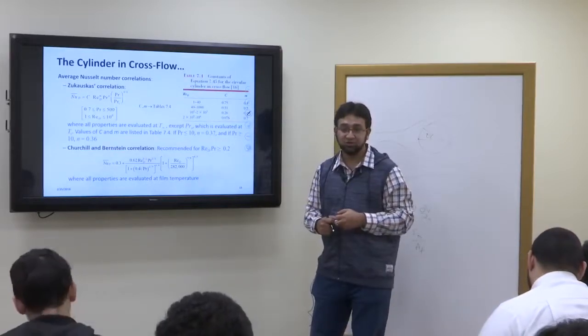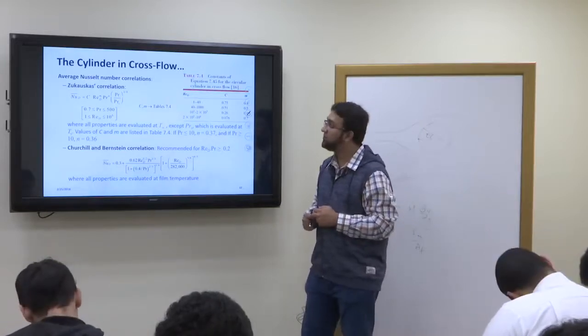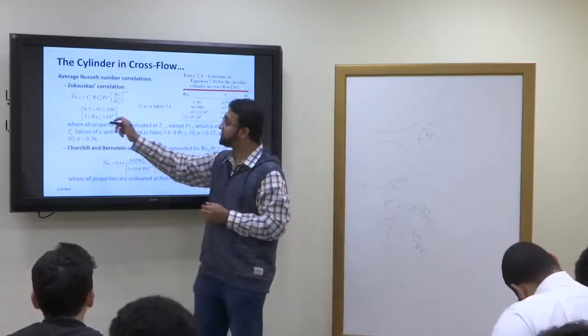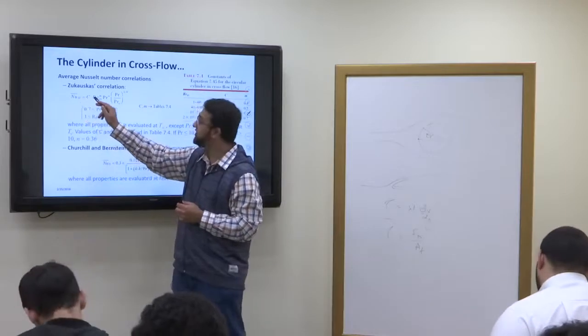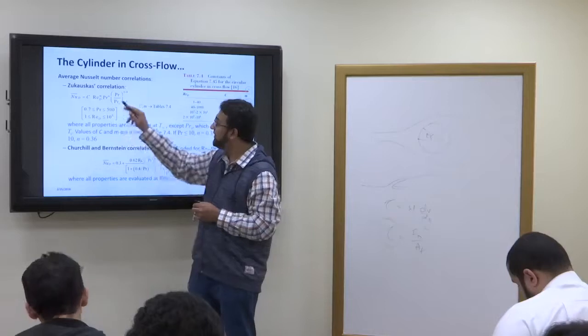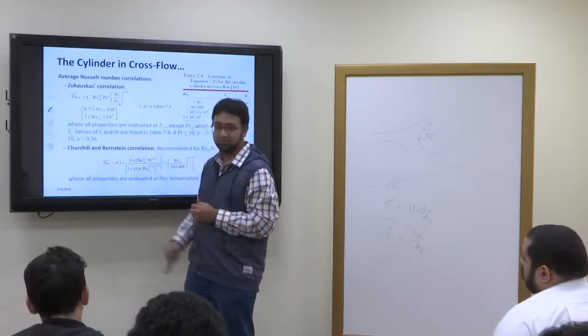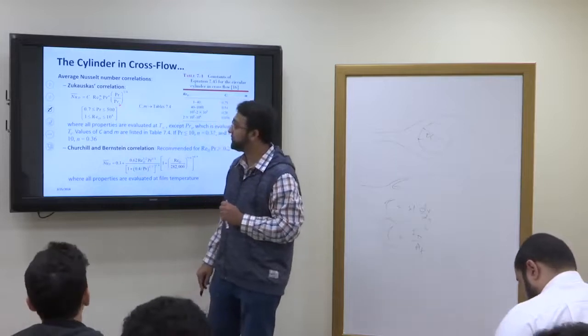Zukauskas correlation. Now Zukauskas correlation is basically of this format: Nusselt number is equal to C Reynolds number power m, Prandtl number power n, into Prandtl number divided by Prandtl number s, raised to the power 1 by 4.